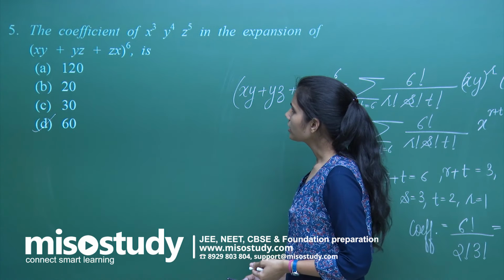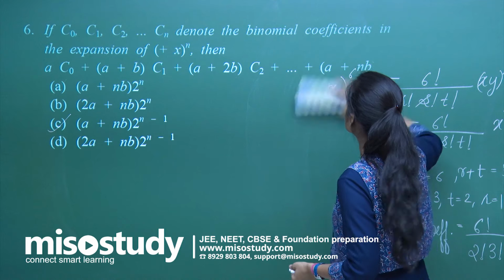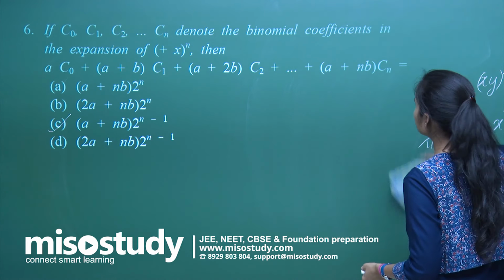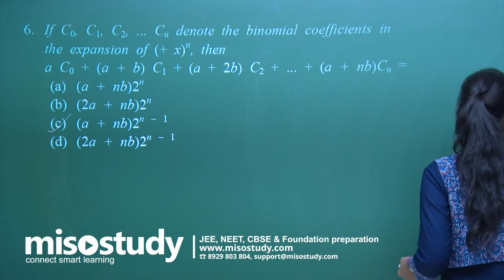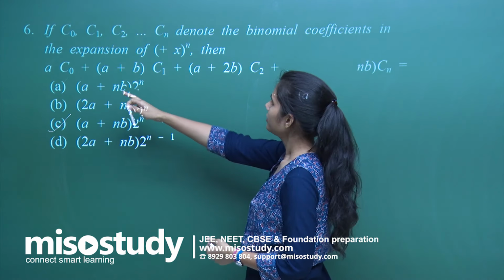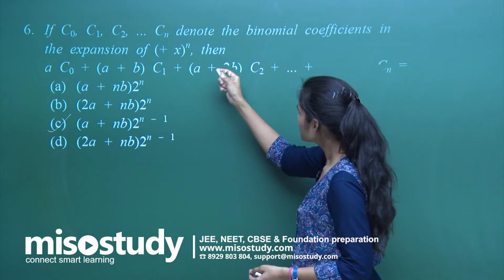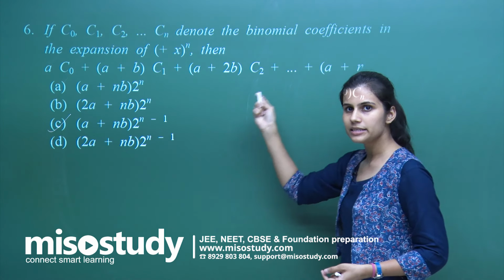Next question says, let's see. If C0, C1, C2 up till Cn are denoting the binomial coefficients in this expansion, then what is this expansion of? So here I can see this is aC0 plus (a plus b)C1 plus (a plus 2b)C2 plus (a plus 3b)C3.